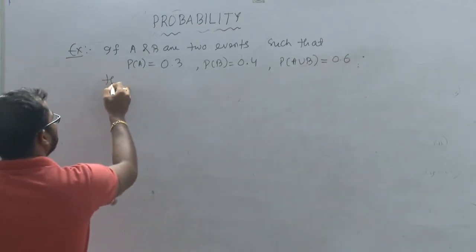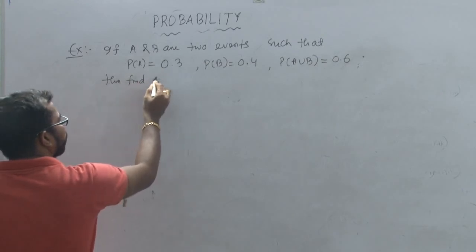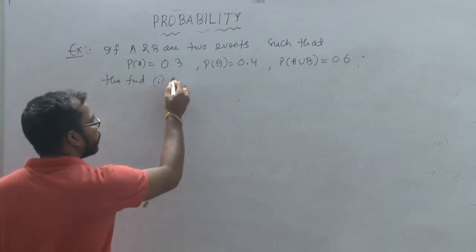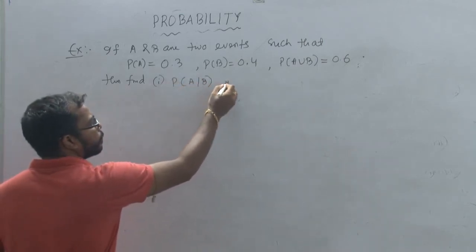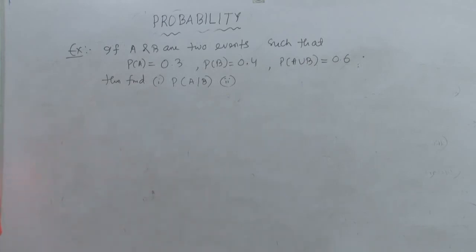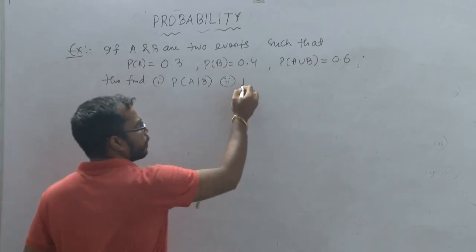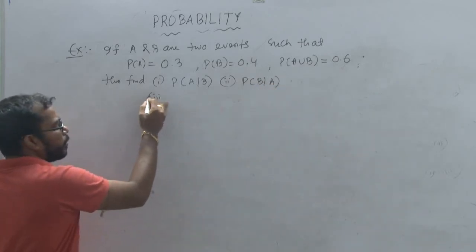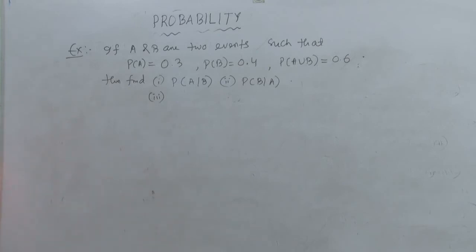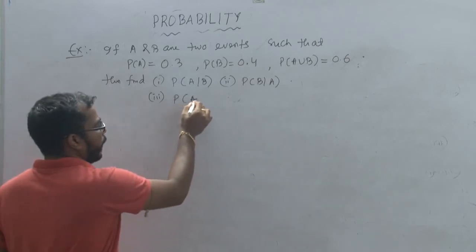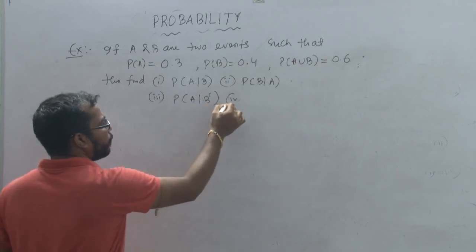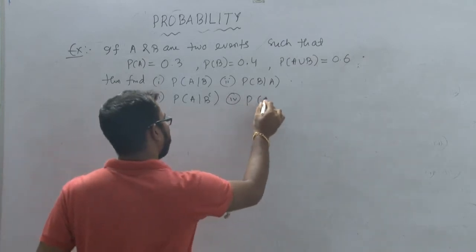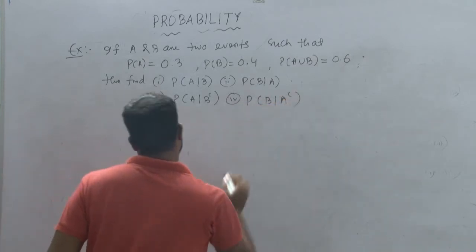Then find the probability of A by B. In second bit, probability of B by A. In third case, probability of A by complement of B, and fourth is probability of B by complement of A.